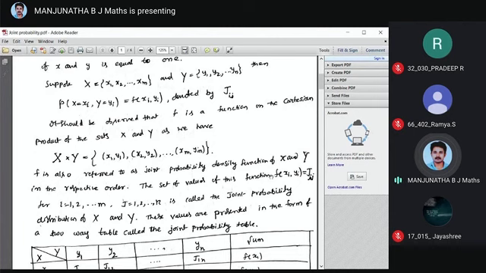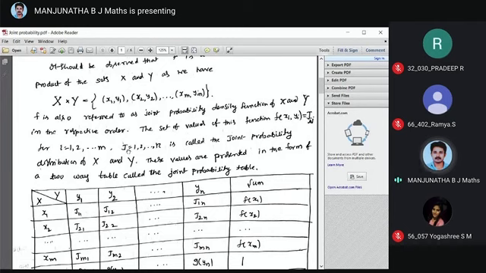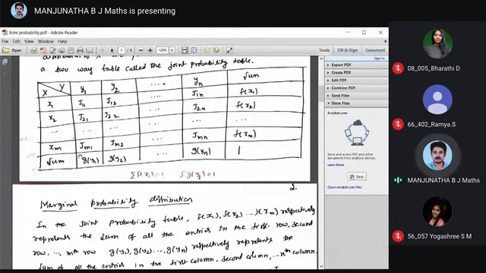See, how do you write that in tabular form? The set of values of this function Jij for i is 1 to m and j is 1 to n. We know X takes x1, x2, up to xm, and Y takes y1, y2, up to yn. Therefore, that is called a joint probability distribution of X and Y. These values are presented in the form of a two-way table that is called a joint probability table here.